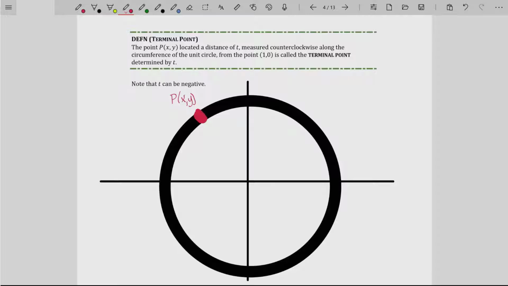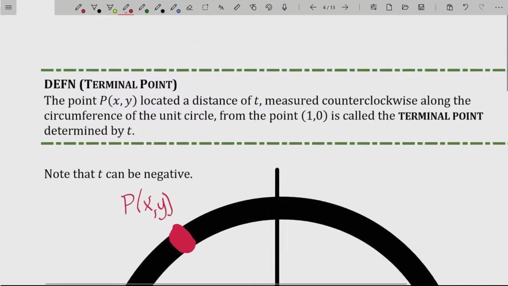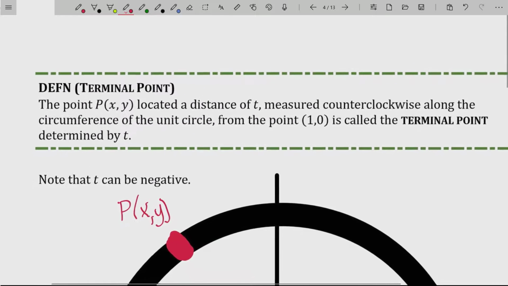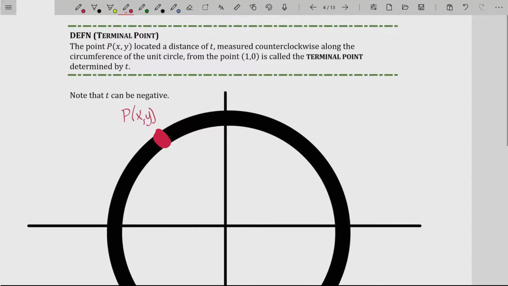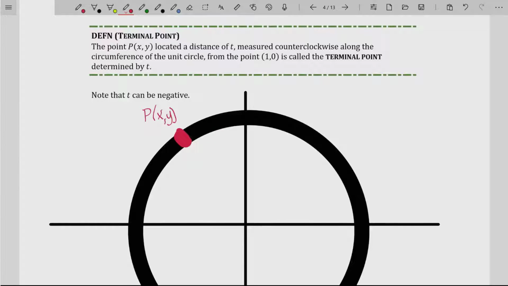That's the point. And then, based on this definition, we have a distance measured counterclockwise along the circumference from the point 1, 0. And the point 1, 0, let me plot that right over here. That's the point 1, 0 right there.